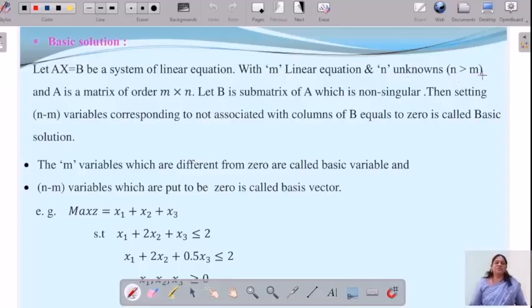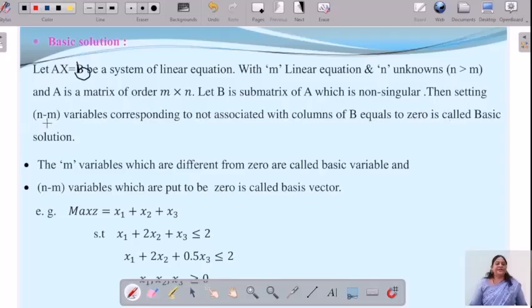Here n must be greater than m, and A is a matrix of order m by n. Let B be a submatrix of A which is non-singular. We consider the submatrix of A and call it B. This is actually a small b, the right hand side constant matrix.